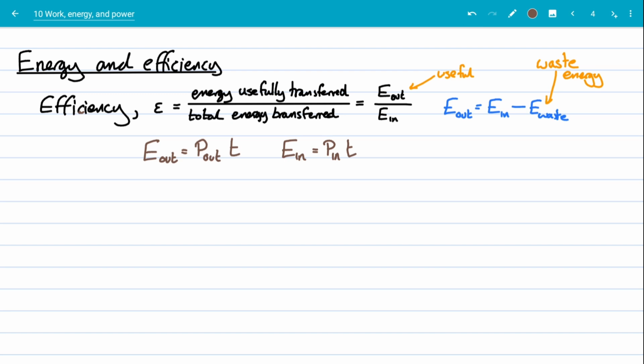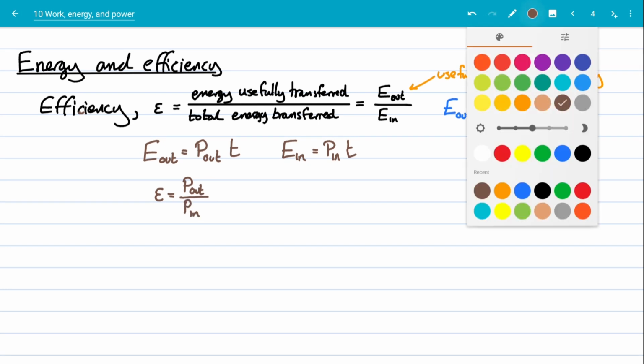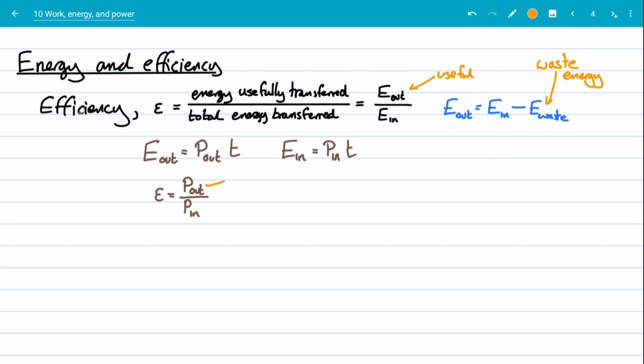And so we could take each of these and plug it into that equation for efficiency, and we get power out multiplied by time divided by power in multiplied by time. And obviously the times will cancel there, so we don't bother writing them. We just write power out divided by power in. And again, I've used the notation power out, but this is useful transfer.